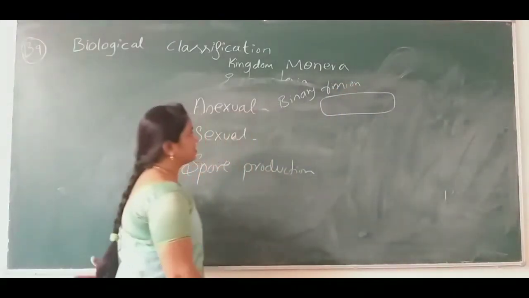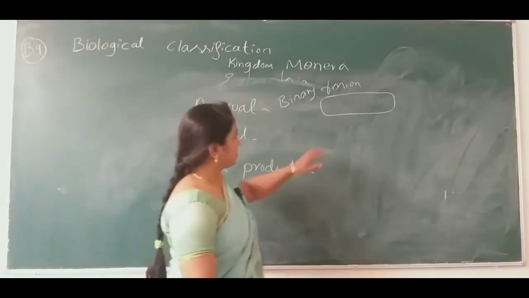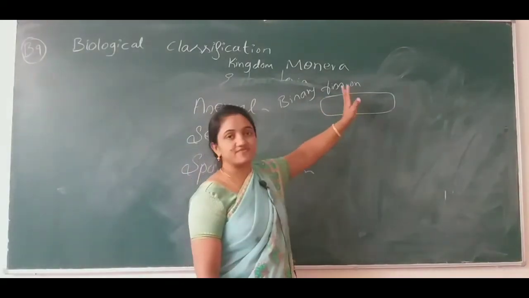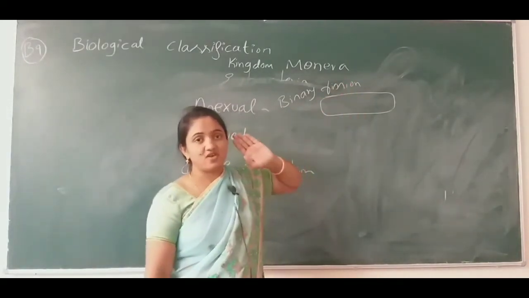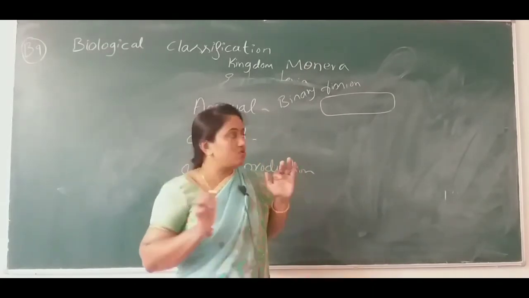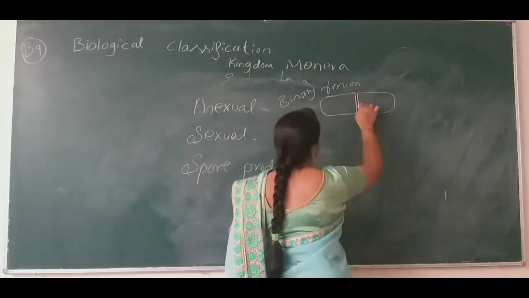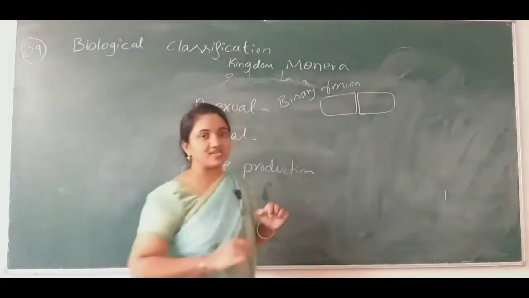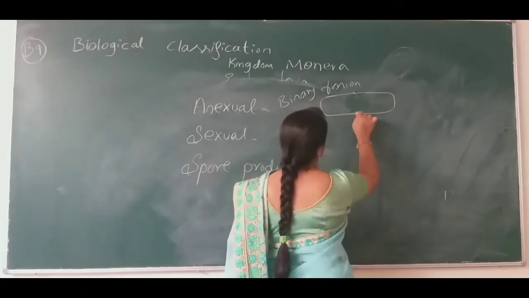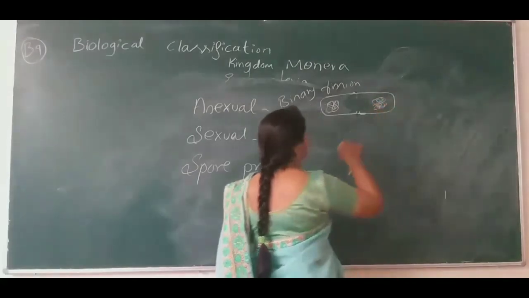Binary fission is the type of cell division where, consider this is a rod-shaped bacterium. When it has to divide, to reproduce, to multiply its number, what will it do? Simple. It forms a cleavage at the middle of the bacterium. Before the formation of cleavage, the DNA will replicate.